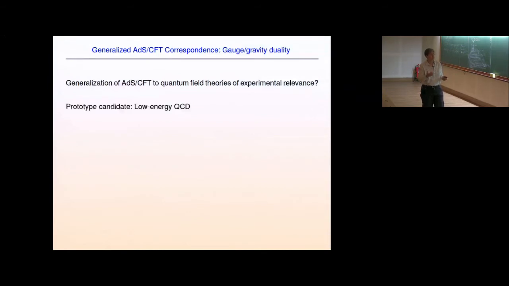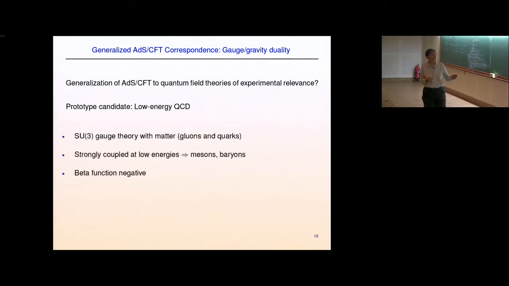As you will see in the next lectures this week, the prototype example for applying this is low energy QCD, because it's also a strongly coupled gauge theory like the one appearing in the AdS/CFT correspondence. Of course, QCD is very different from this N=4 supersymmetric quantum field theory, which I just introduced.